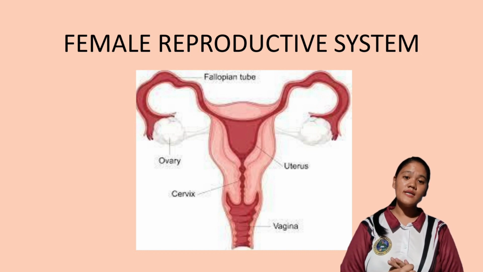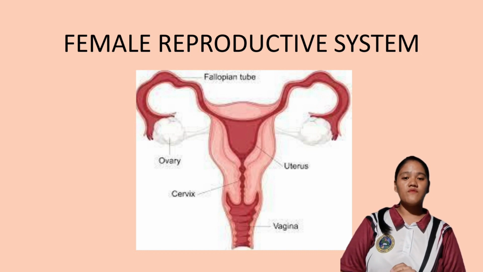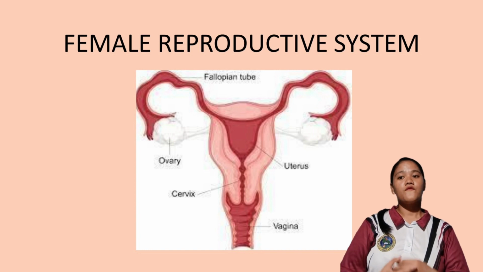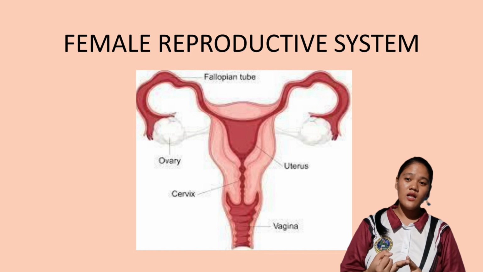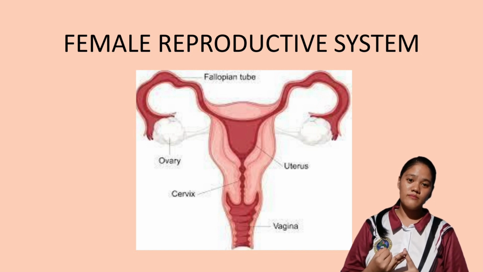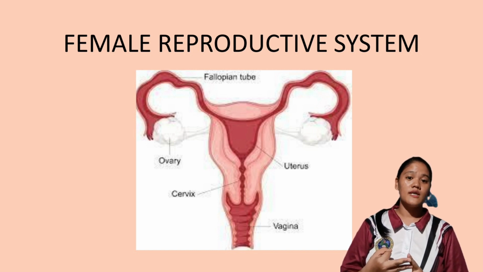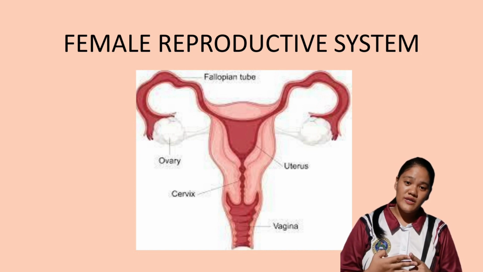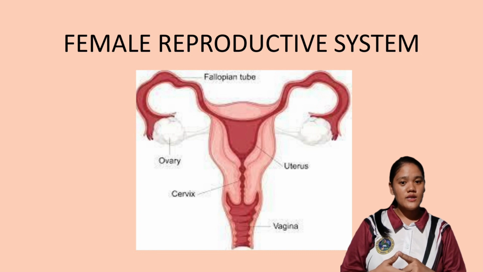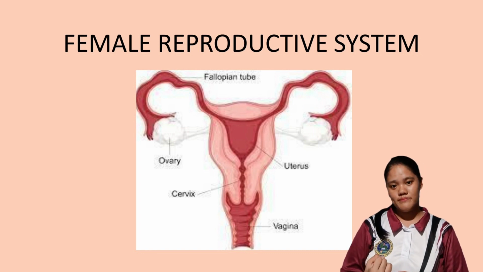Again, what are the 6 female parts of our reproductive system? First is the ovaries, egg cell, also known as ovum, vagina, which is the birth canal, cervix, uterus, and the fallopian tube.